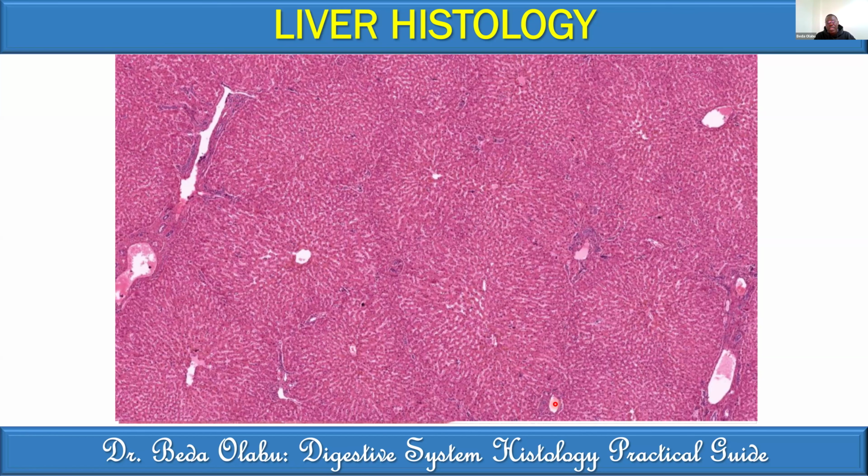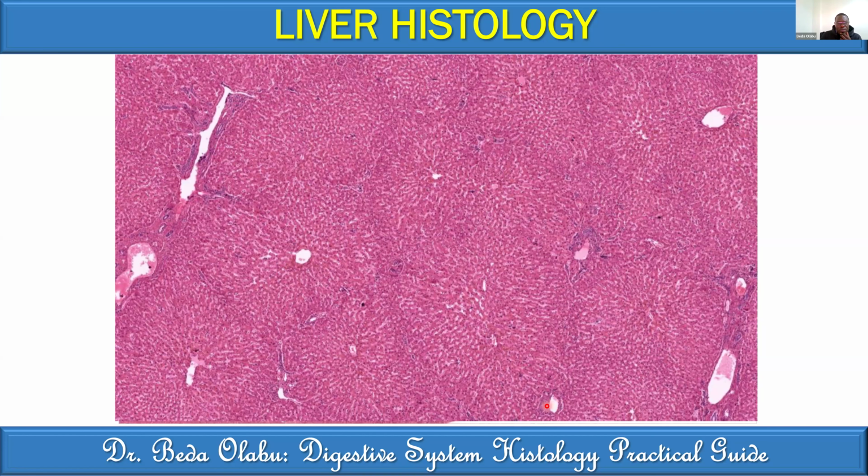The duct here will be intrahepatic, something within the liver. So a component of the biliary tree, a component of nutrients coming in, and a component of oxygen coming in, they tend to exist together.